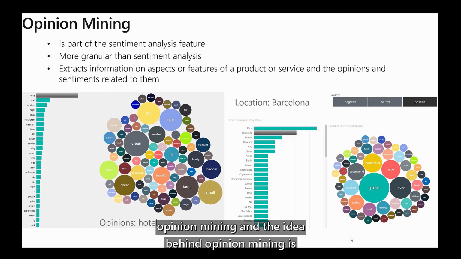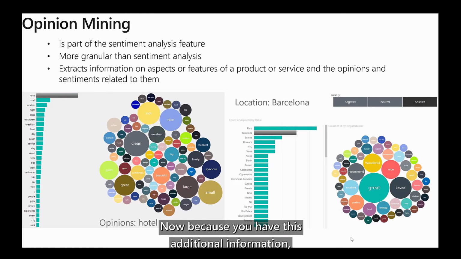The idea behind opinion mining is to give you the keywords or the actions which you can take. It will extract something called an opinion, which is an adjective associated with a noun or a verb, which is called an aspect, or the subject. So that's what you can think of.